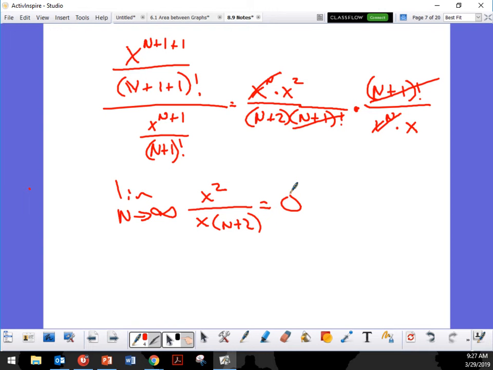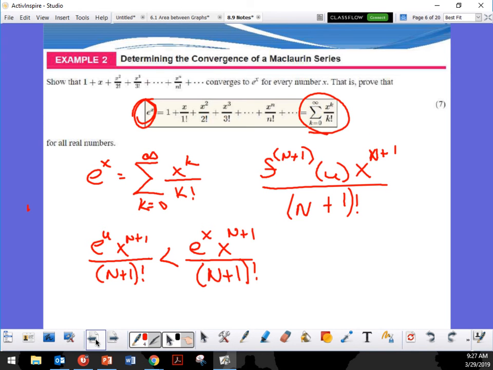So for this one right here, I have now shown that it converges to 0, and so if I factor it out for both of those limits, I now could say that e to the u is going to be less than e to the x. There we go.